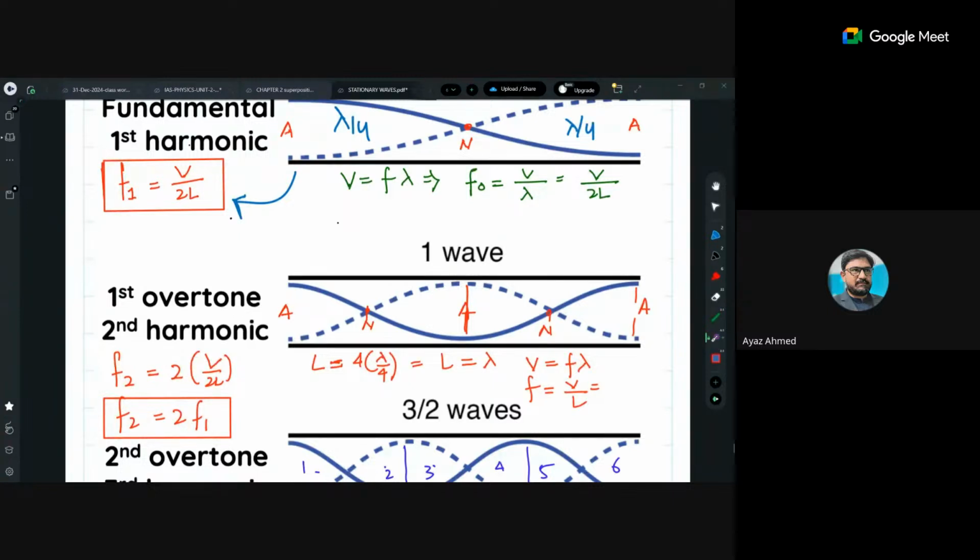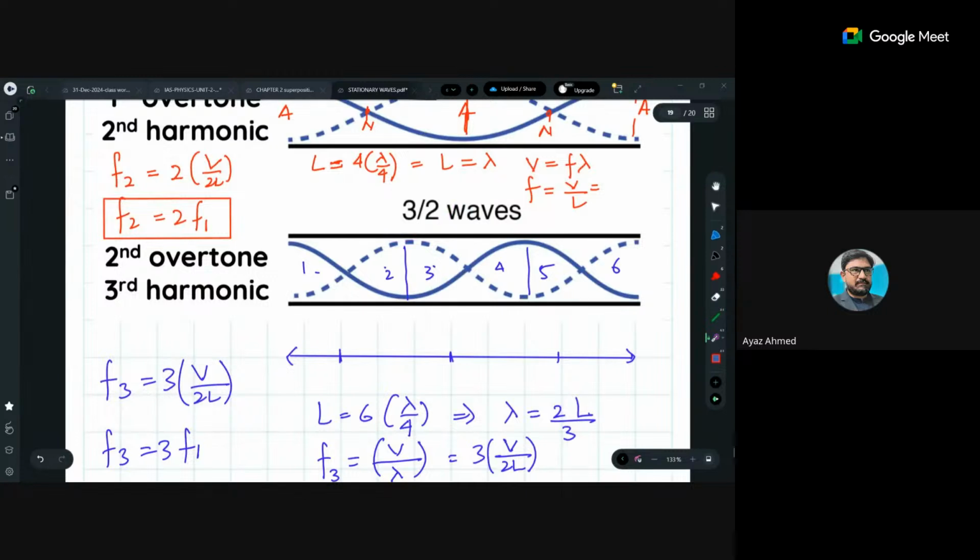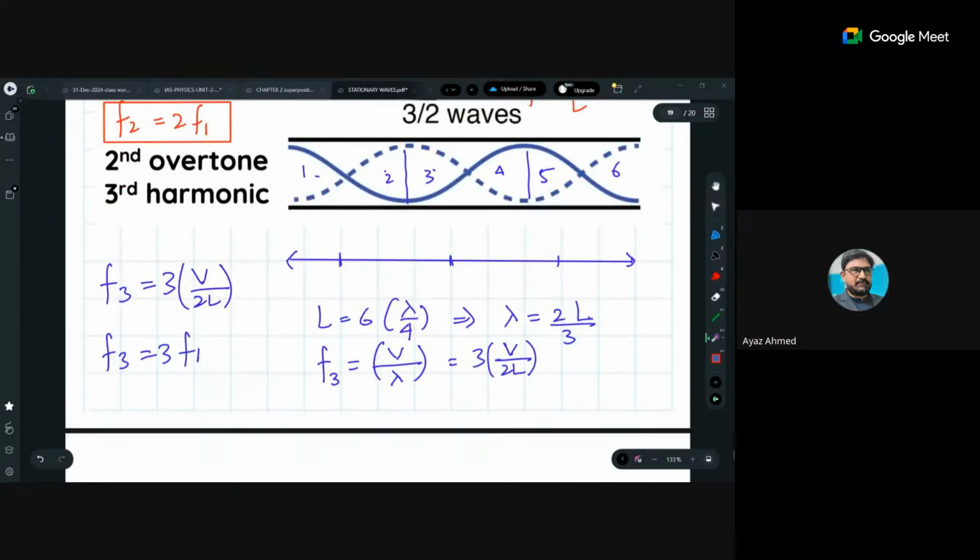So here lambda is equal to length, and V is equal to F lambda, and F is equal to V by lambda. So the second harmonic is 2V by 2L, that is 2 times F1. Then when you have increased the length for the third, it would be 3F1 and so on.